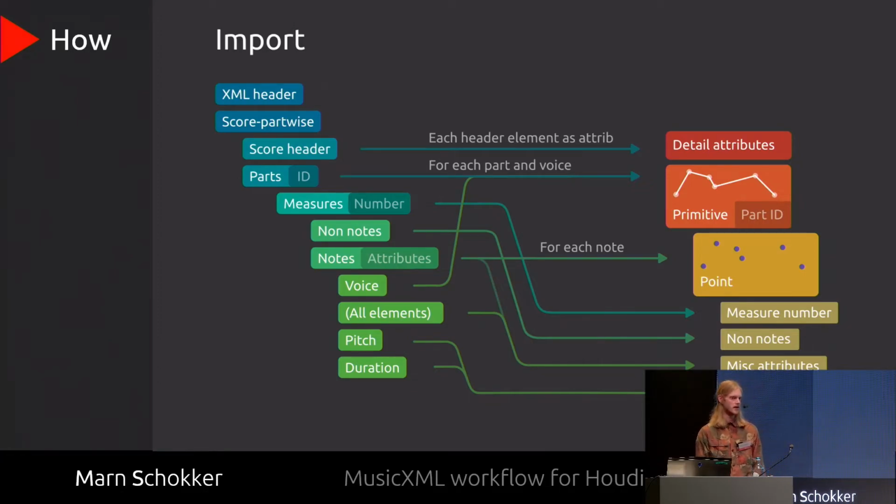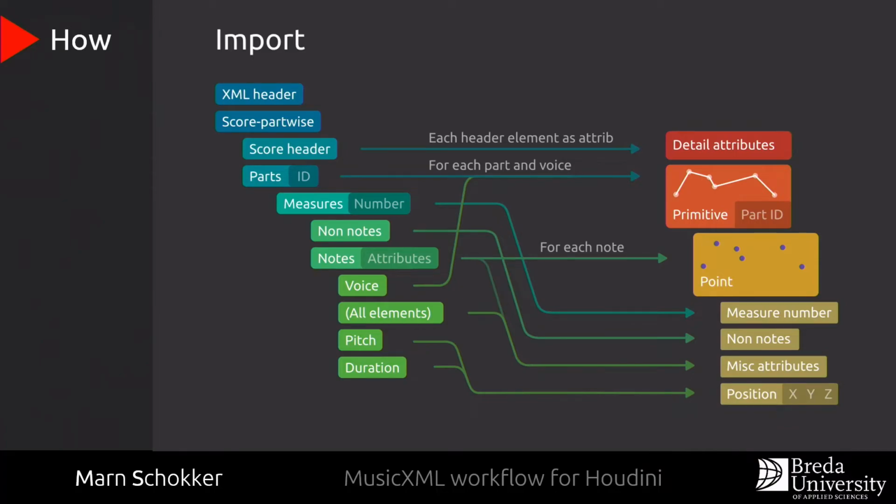All the other elements of the XML structure that are related to, for example, how it's displayed on the score, are also stored on these points. These points are connected into a primitive based on which voice they're in. Other XML header elements are stored as detail attributes. They don't need to be changed for every note, so that's why you can store them there.